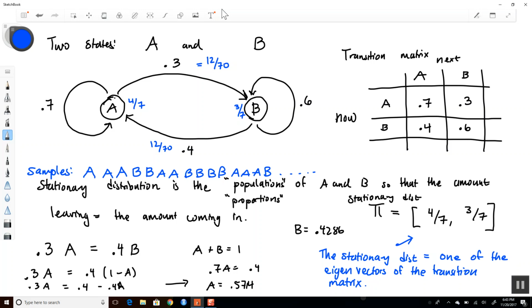We can expand on this idea of a Markov chain to be something a little bit more useful for us. And so we'll look at the Metropolis algorithm.